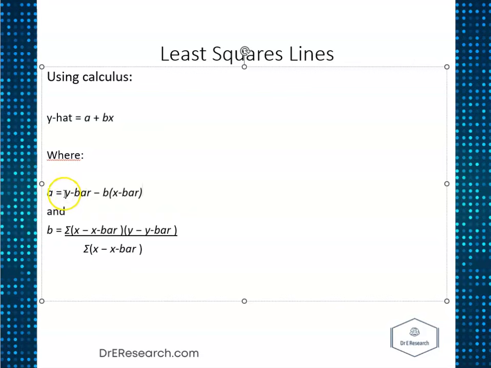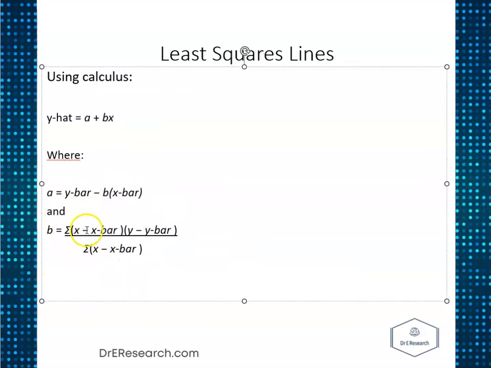We come up with the intercept being the average y minus b, the slope, times the average x. The slope is the trickier thing to get, and it uses this complex algebraic formula.